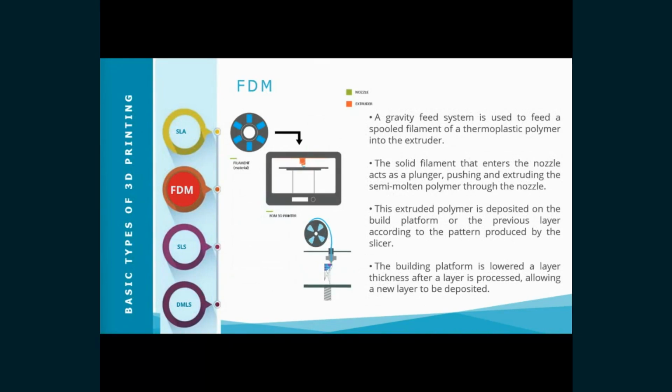This is a material extrusion type of 3D printing technology, called fused deposition modeling, or FDM. FDM 3D printers use thermoplastic materials in filament form that is heated and deposited onto a build platform layer by layer.